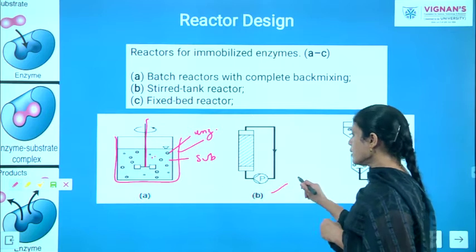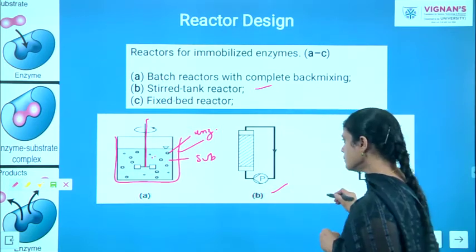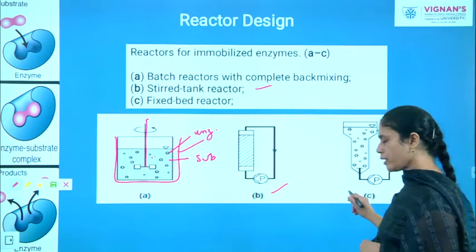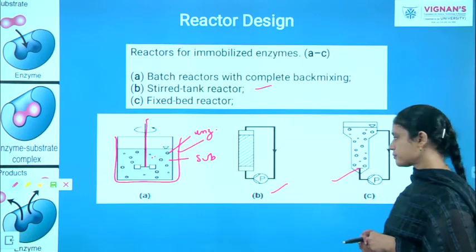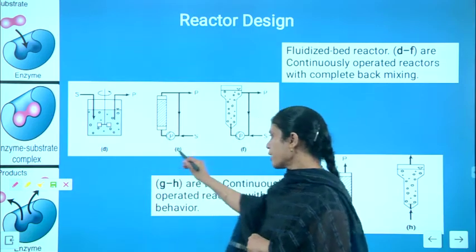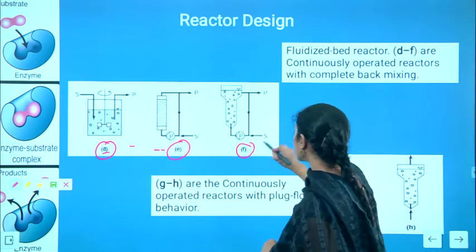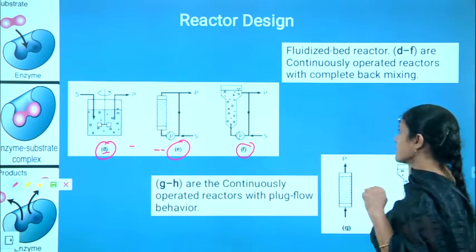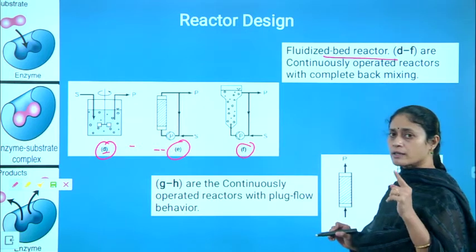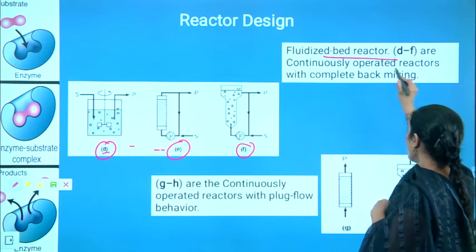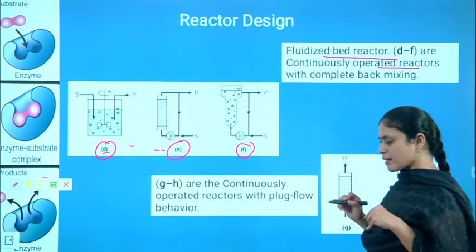Coming to the second figure, it represents the stirred tank reactor. The third figure represents the fixed bed reactor. In this slide, you can see figures D, E and F, which represent fluidized bed reactors in continuous operation mode, with continuous back mixing.